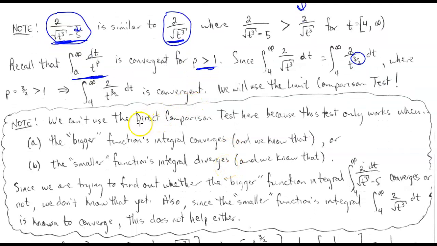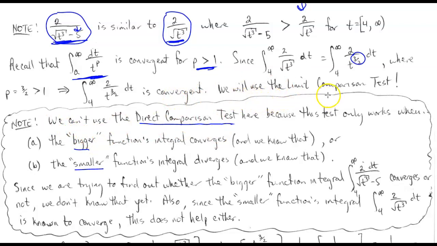We can't use the direct comparison test in this sense, because remember, the direct comparison test says that if the improper integral of the bigger function converges, then we know that the smaller one will converge as well. Or if the improper integral of the smaller function diverges, then that means that the improper integral of the bigger one diverges as well.